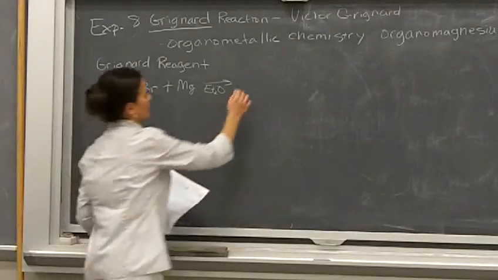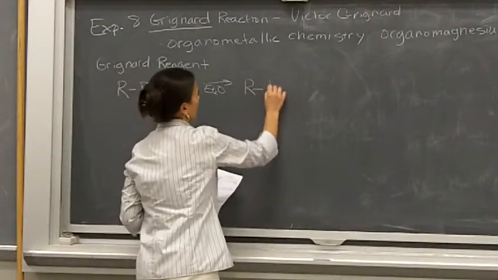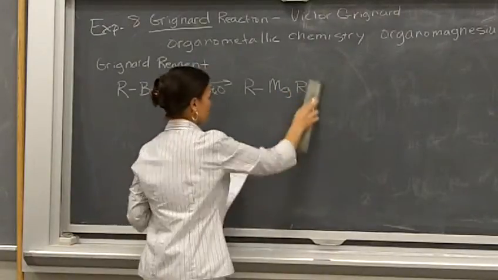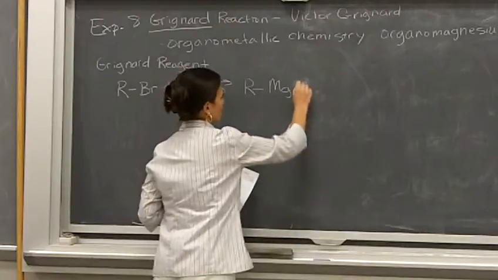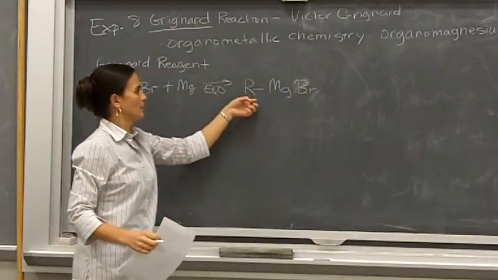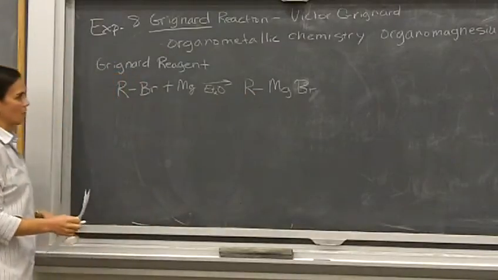And what you are forming is this. Our magnesium basically inserts between our halogen and the alkyl portion of our alkyl bromide, okay?